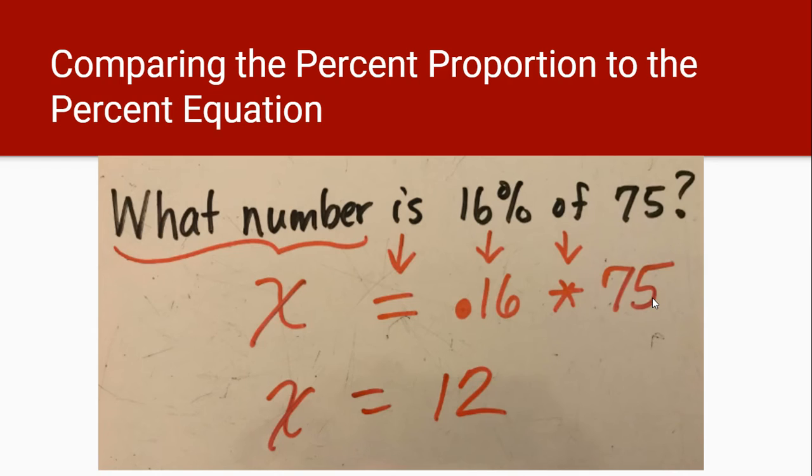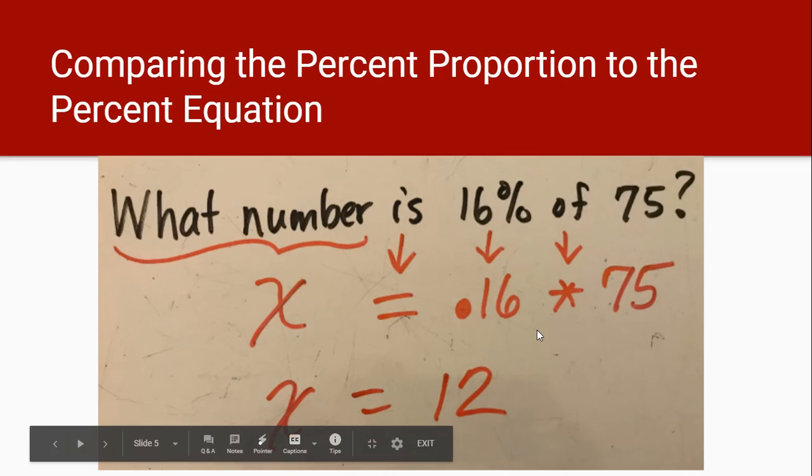So now we have the equation x equals 16 hundredths times 75. So in order to find the x value, which is also called the part, we simply multiply 0.16 times 75 and you get 12.